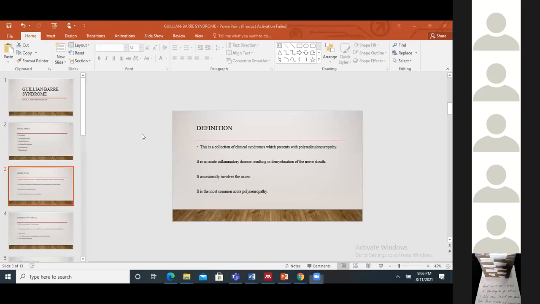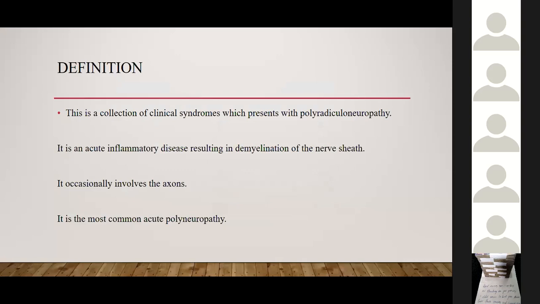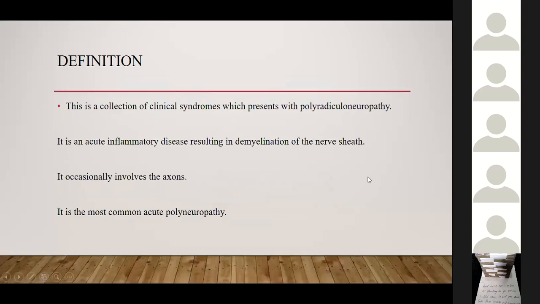So once we talk about Guillain-Barré, you should know that we are talking about a polyradiculopathy, and this polyradiculopathy is basically due to destruction of the myelin sheath. As you know, the myelin sheath is what covers the nerve nicely. If the myelin sheath becomes destroyed, then messages transmitted via the nerve will be impaired.